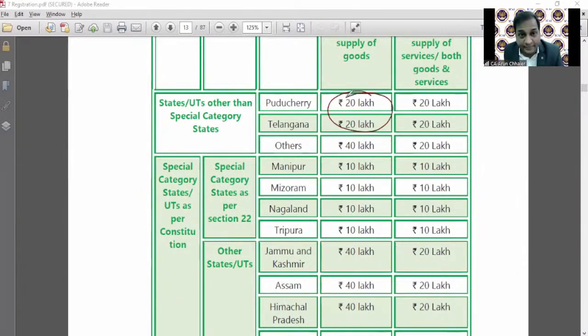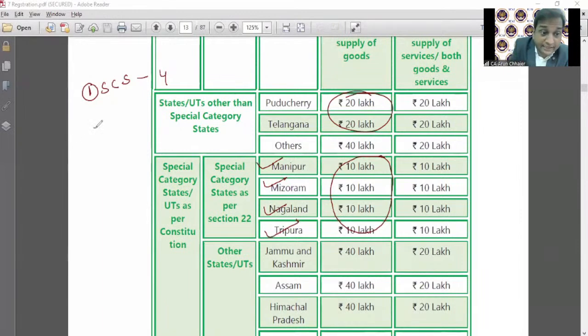Now, what is the exception where the limit of 40 lakh would not be applicable? I am explaining again. First, for the 4 special category states, Mizoram, Manipur, Nagaland, Tripura, 40 lakh would not be applicable, which means what is applicable? The normal limit. What is the normal limit for special category? 10 lakh rupees.